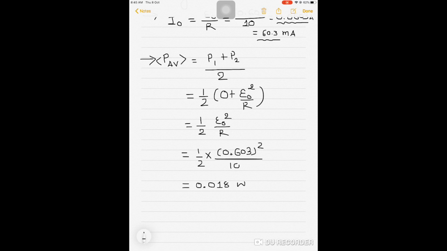This is power, and therefore the average power that we get over here is obtained by the formula shown over here. This is the external agent which keeps the coil rotating. So that is the case.